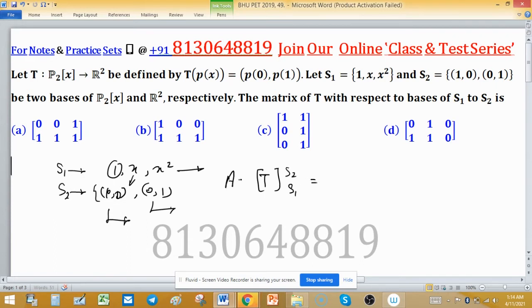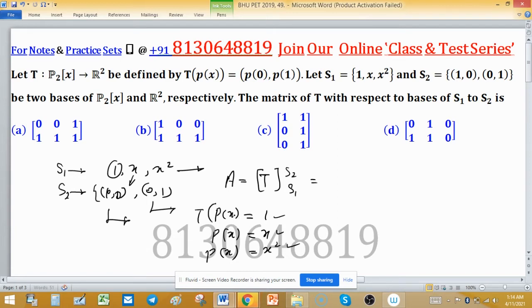Suppose this is matrix A. So the procedure is that we consider Px as 1, the domain element, then Px is x, and after that Px is x square. We consider Px as these elements of the domain basis.